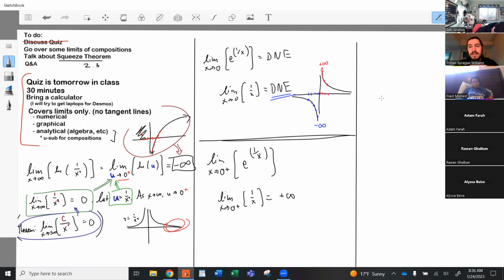This time we say, well, let's see what happens at positive infinity. If u equals 1 over x, we have u approaching positive infinity. So I can carry on with this limit as u approaches positive infinity of e to the u.